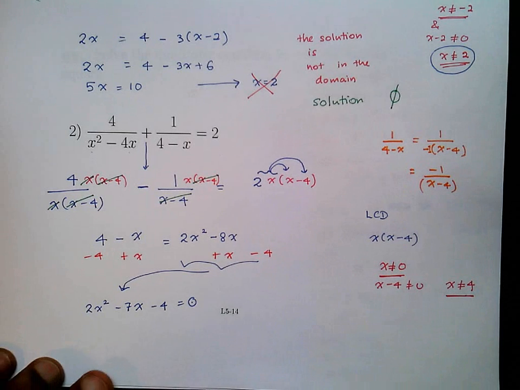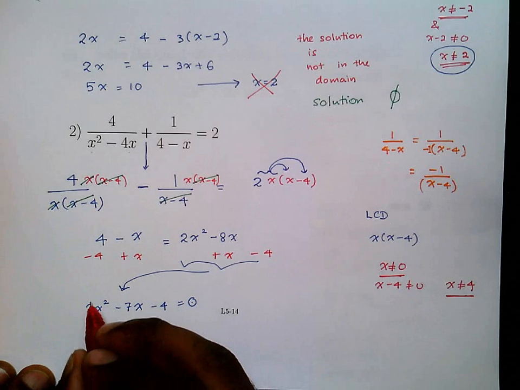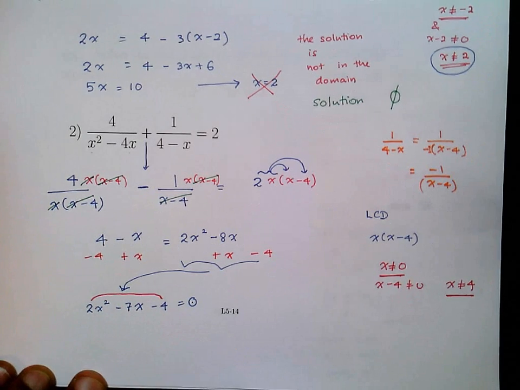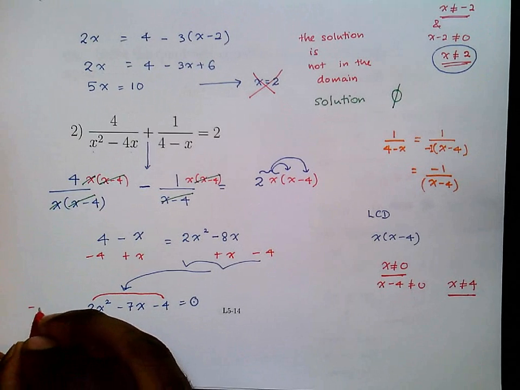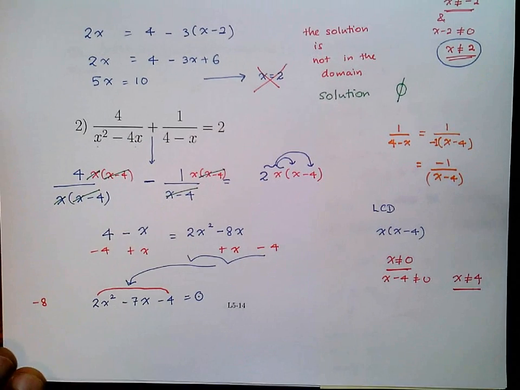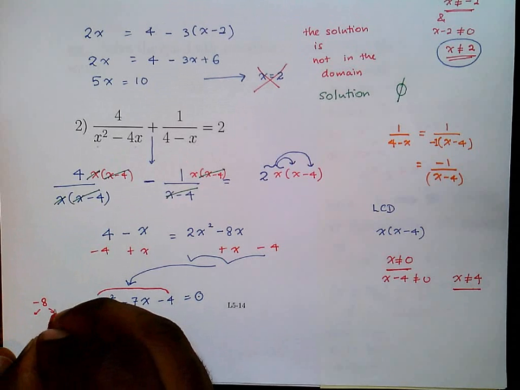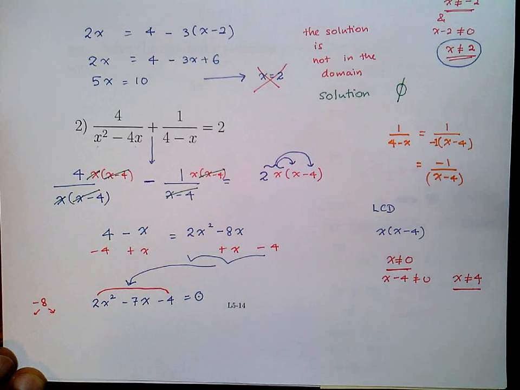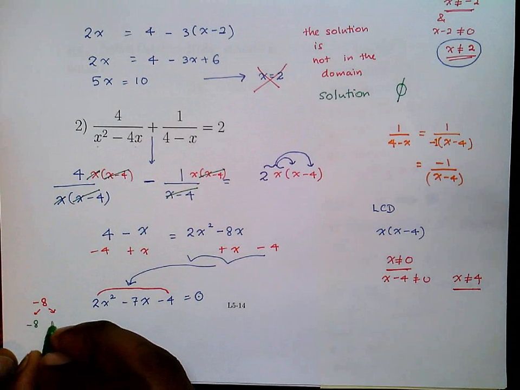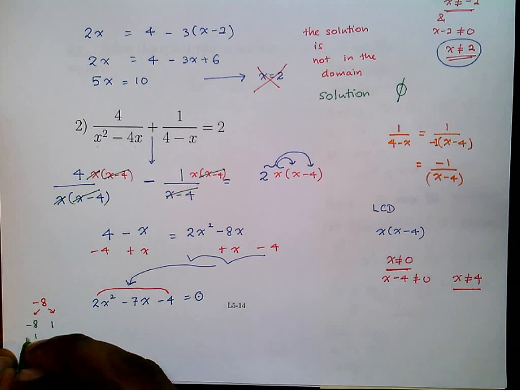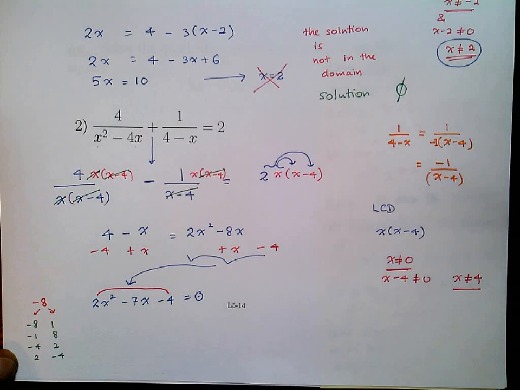So what do you do? You would multiply 2 and 4, that would be negative 8. And you would try to find the factors of negative 8. I'm not doing a factor quiz, just find factors. Negative 8 times 1, 1 times negative 8, negative 4 times 2, and 2 times negative 4.